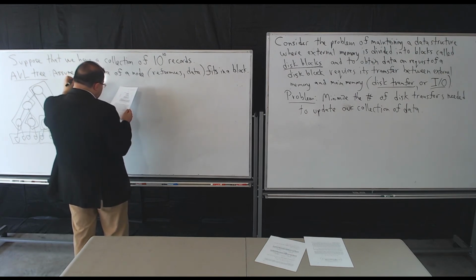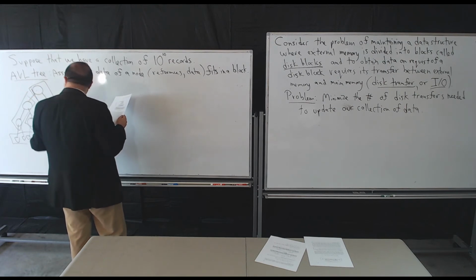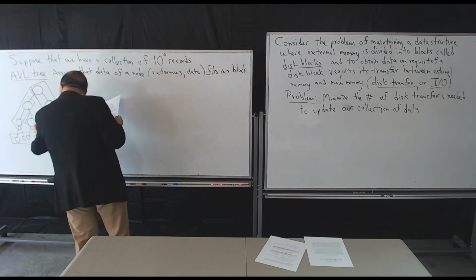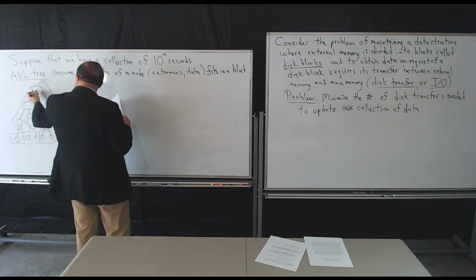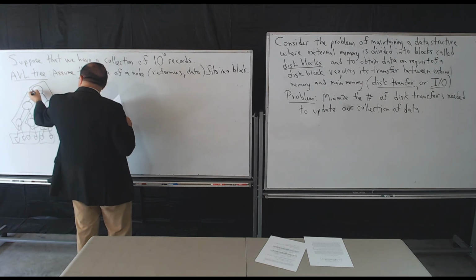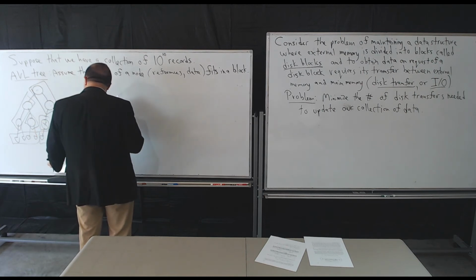So if we want to find a record, what does that relate to, actually? Well, I need to access each one of these in the worst case. I have to access this node, and say the node that has my record in it is right here. I would need a disk transfer for this, a disk transfer for that at worst, and another disk transfer for that one.